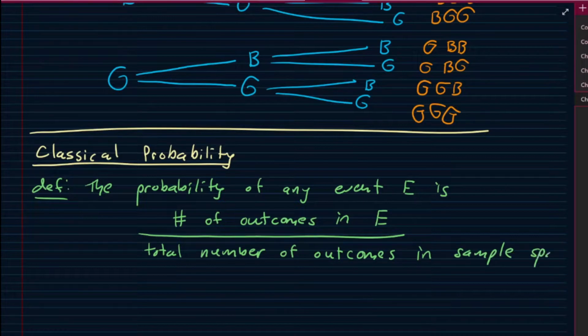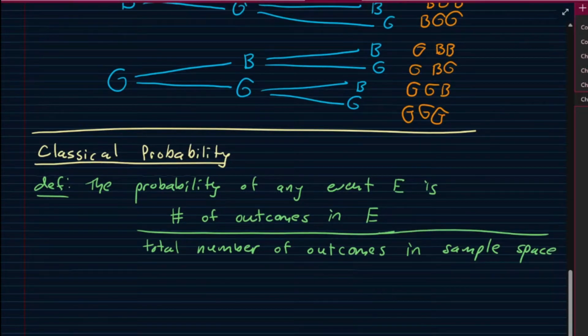So that's why it's really important to be able to come up with the sample space, because it's the denominator of our probability formula.